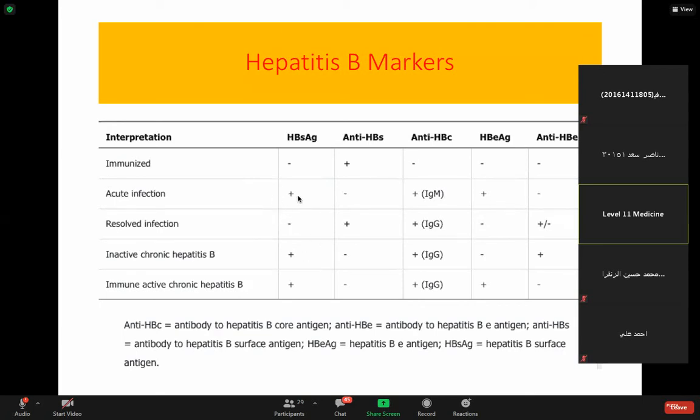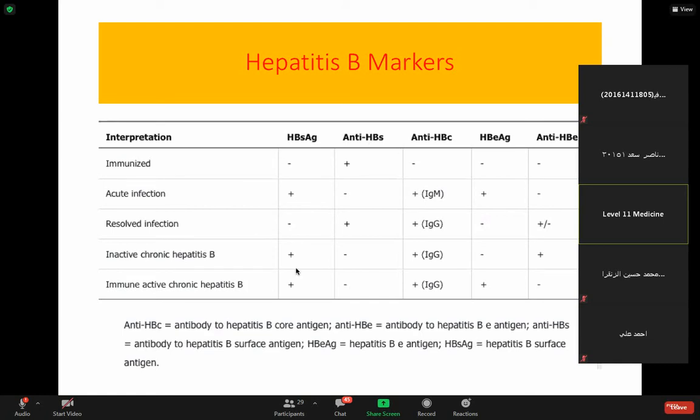Whenever you see the surface antigen being positive, you have to get worried. Why is that? Because either you are having an acute infection, or you have inactive chronic hepatitis B, which is inactive now but may become active shortly, or you have immune-active chronic hepatitis.